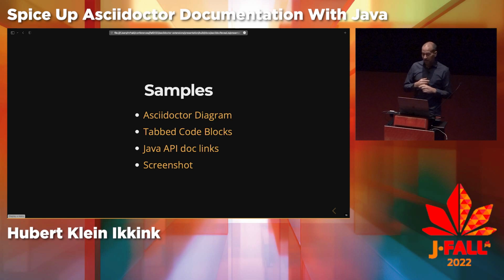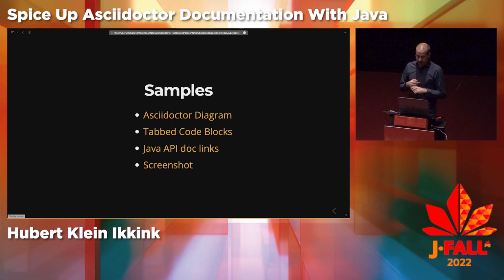Another one that is pretty nice, if you write Javadoc, use it for your Java projects, is the Java API doclinks extension, which actually looks through your source code, and if it finds in backticks a Java class name, will try to turn that into a link to the API doc, which is also pretty nice.